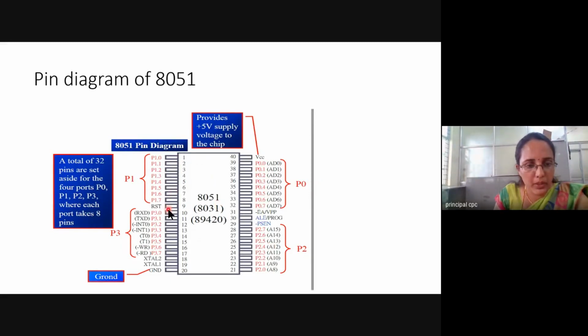These ports are 8-bit registers, so you need 1 pin for each bit. So P0 to P7, and you have reset. The RST pin is nothing but reset. When you give a high pulse on this pin, the 8051 microcontroller will be in reset mode, means it will get reset.